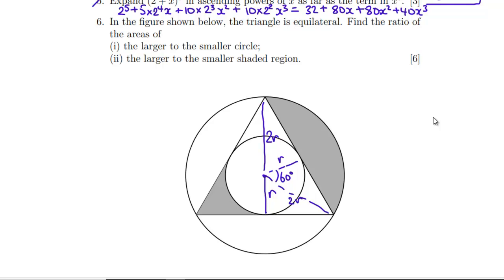So it makes it easier now for larger to the smaller circle, because that's just then going to be 4 to 1 because it's doubled the radius. So that is going to be 4 to 1. Now the larger to the smaller shaded region.